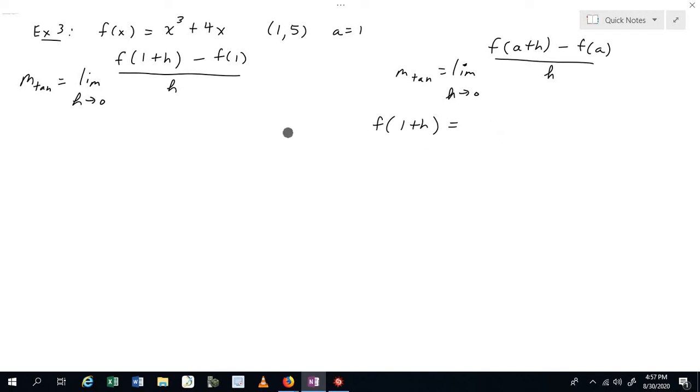Okay, so to find this, f evaluated at 1 plus h, we have to plug 1 plus h into this function. But notice what this function does to any number that you plug into it. It cubes it, and then it adds that to 4 times the number that you plugged in.